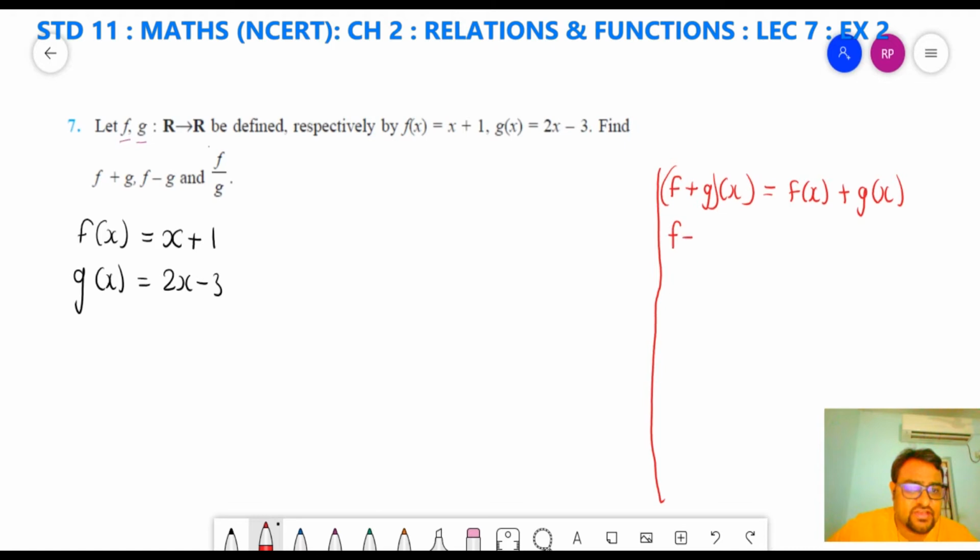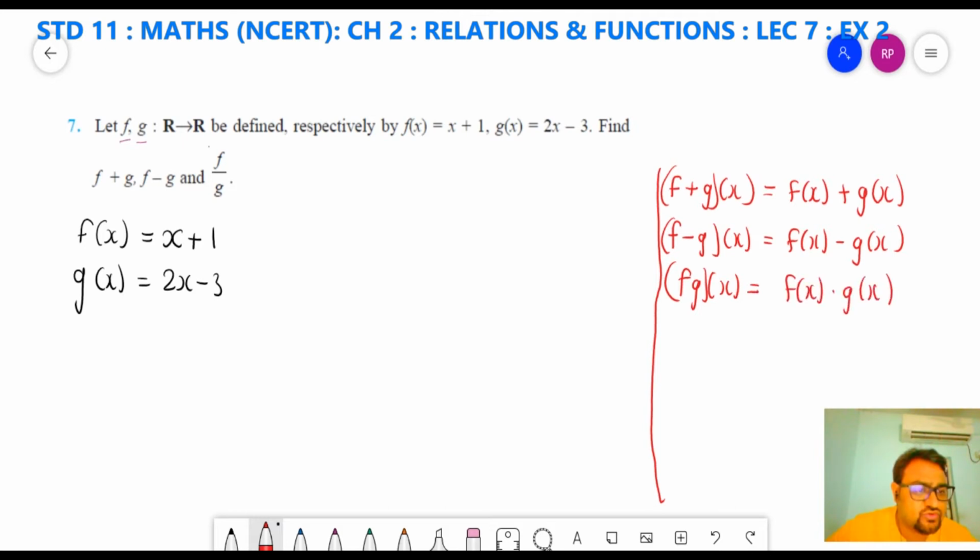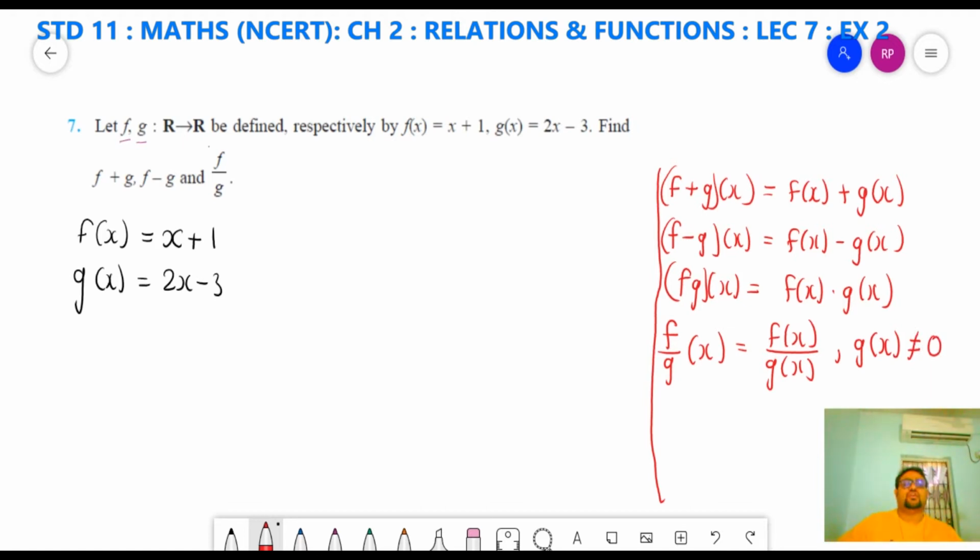Similarly, (f minus g)(x) will be f(x) minus g(x). (f into g)(x) will be equal to f(x) into g(x). And (f by g)(x) will be equal to f(x) upon g(x), but g(x) must not be equal to 0.